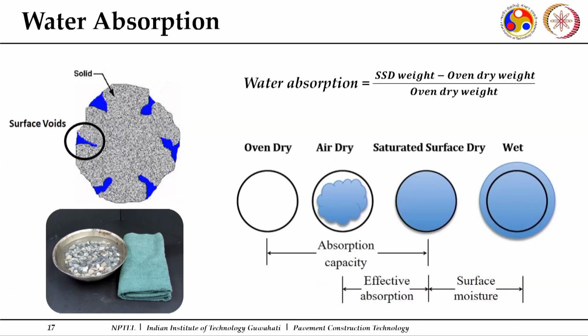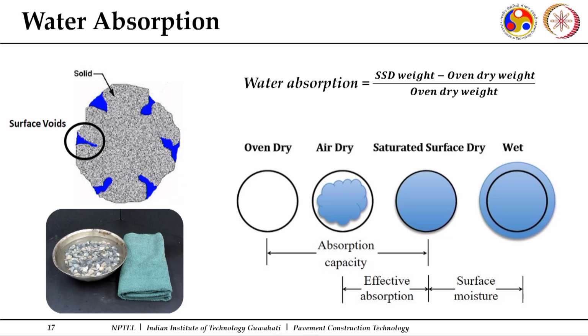Water absorption: certain aggregates may have more superficial voids, and they may capture a lot of water, specifically when they are lying open. So when aggregates are produced at crushers and they lie in open spaces during rainfall events, they will absorb some water.